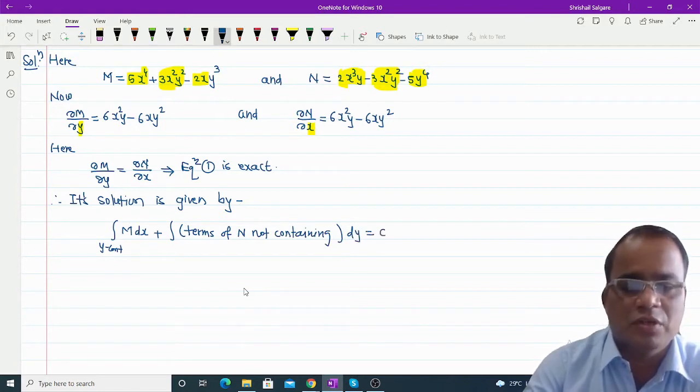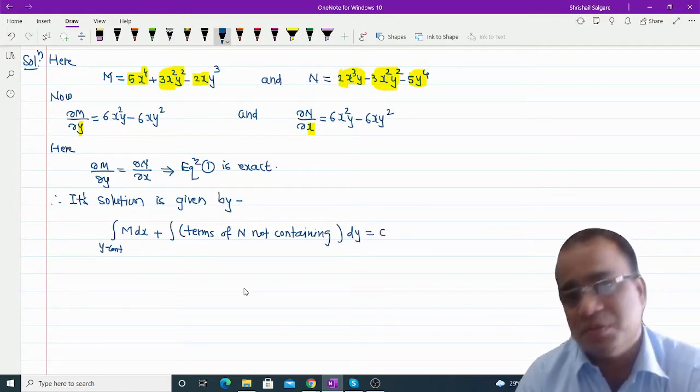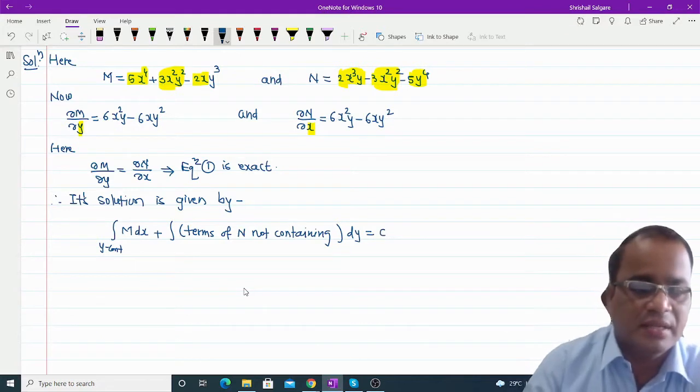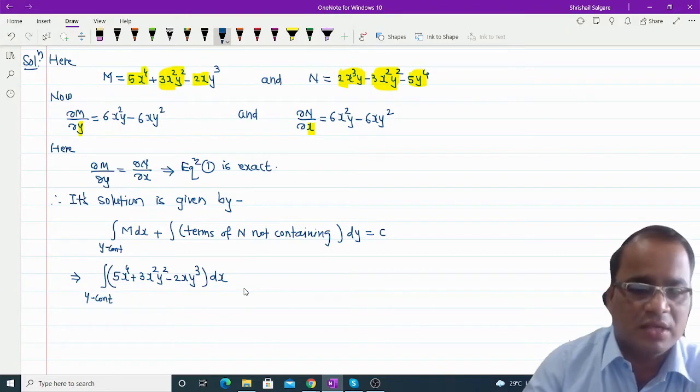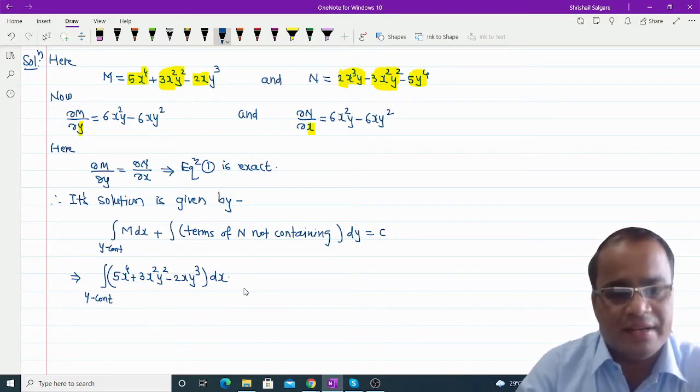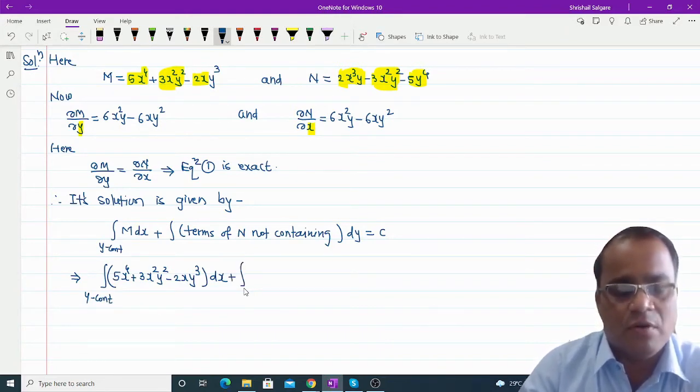Initially I will use the constant of integration as c. So you have to take the term of M as it is, 5x raised to 4 plus 3x square y square minus 2xy cube. You have to take the integral with respect to x, and at the same time treat y as a constant. Is there any term in N which is free from x?